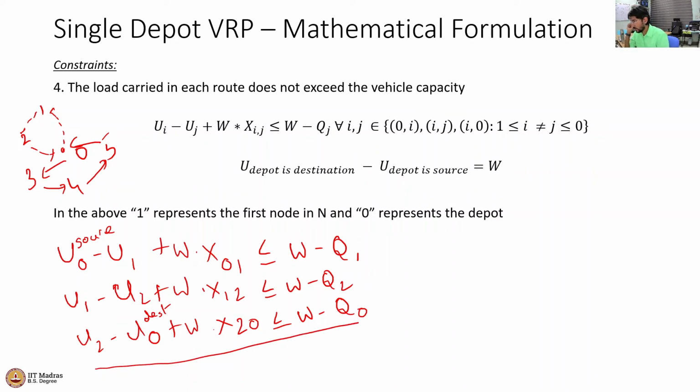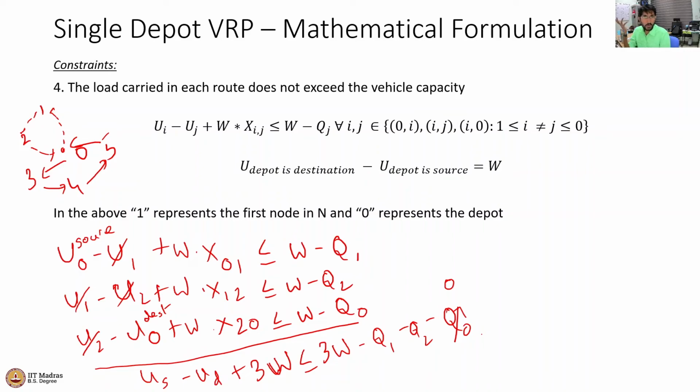So what happens if I vertically add all of these? Things cancel, and I will end up with U source minus U destination plus 1, 2, 3, because all of these are ones. So 3 times W must be less than or equal to 3 times W minus Q1 minus Q2 minus Q0, and Q0 is 0. There is no demand at my depot.